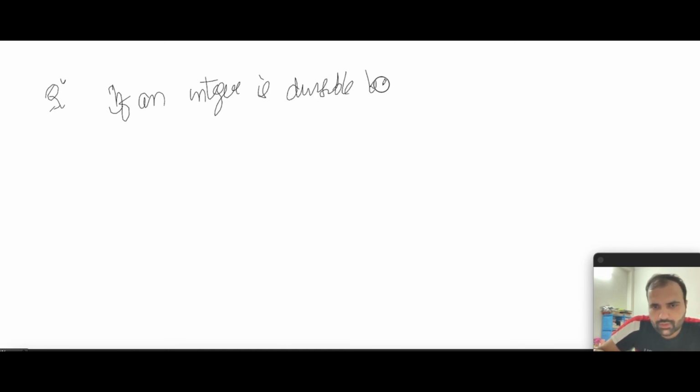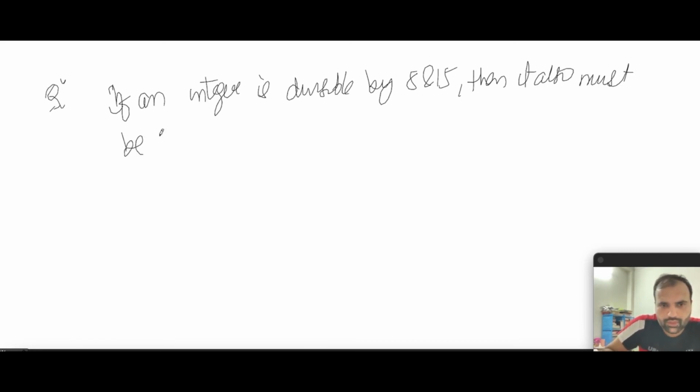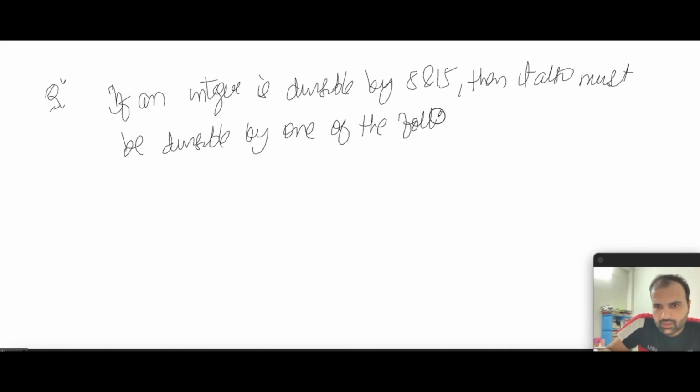Okay, let's say if an integer is divisible by 8 and 15, then it also must be divisible by one of the following.